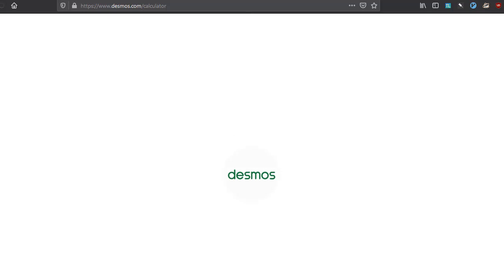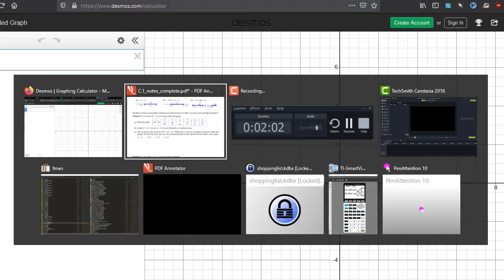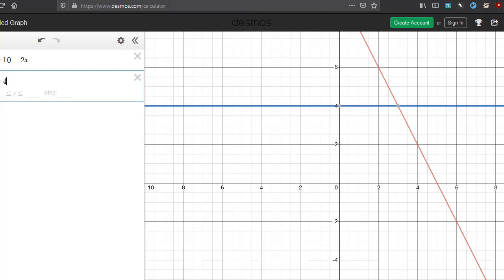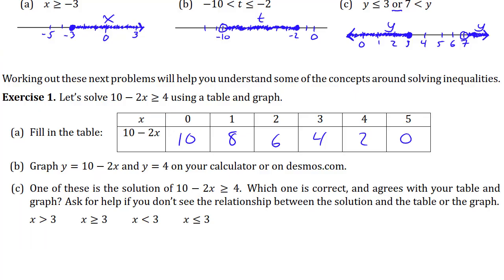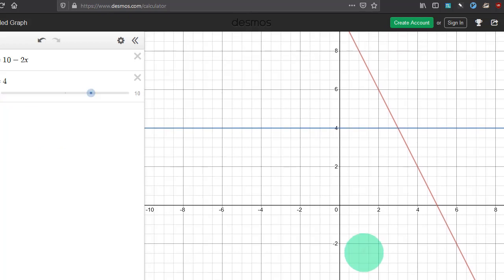The calculator doesn't have much resolution. So we are graphing y equals 10 minus 2x and also y equals 4. Okay, so here's what these graphs look like.